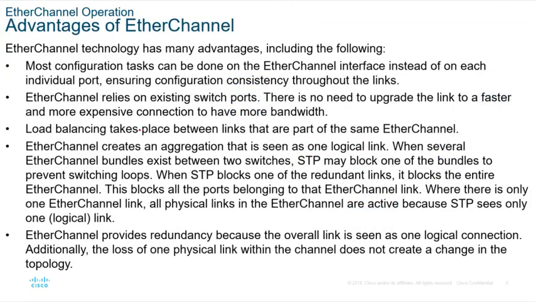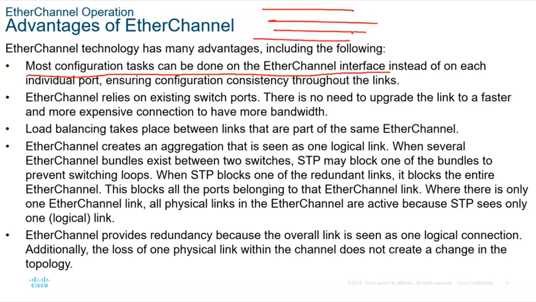So, advantages of Etherchannels. Most configuration tasks can be done on the Etherchannel interface instead of on each individual port. If you have, say, 4 links and they are grouped, you will get a single logical link. All the configuration that you would prefer to have under all these interfaces can be done under the single logical interface.